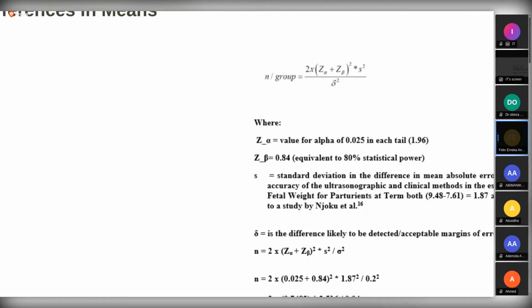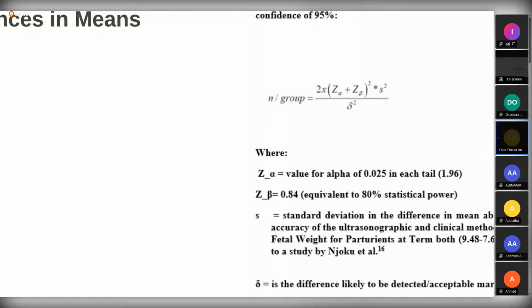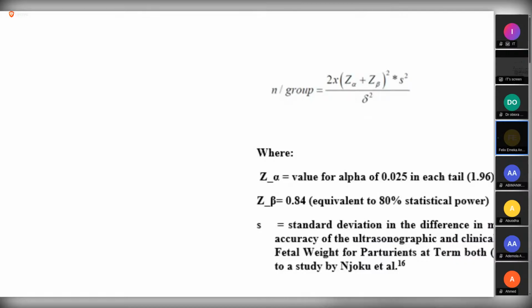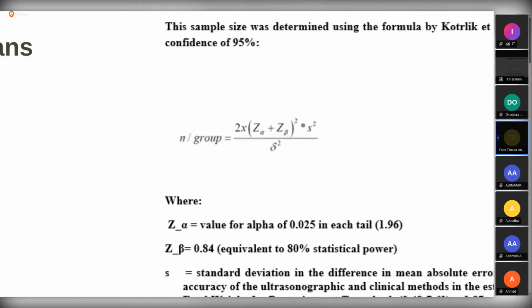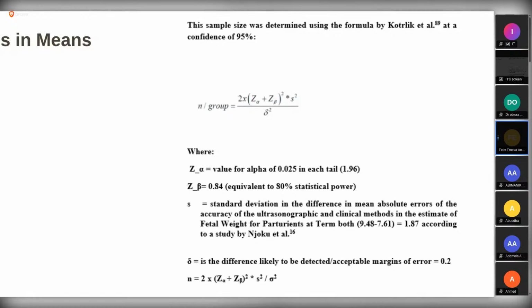The only thing that is not a constant is your S2, which is the standard deviation. So if you're doing a study where you're going to be checking for differences in means, you have to find a previous study that has a mean and standard deviation for the first group and mean and standard deviation for the second group. So this S2 is not mean difference, it's standard deviation difference.